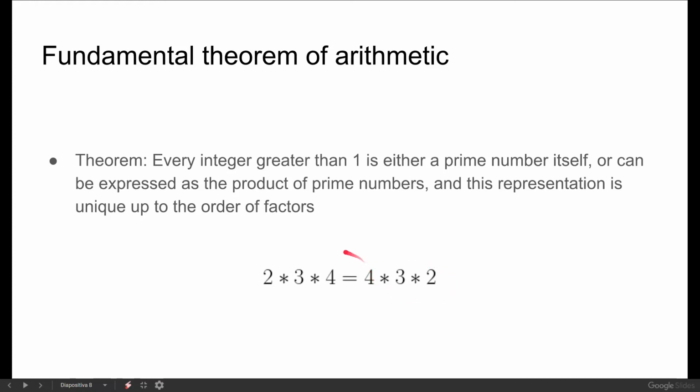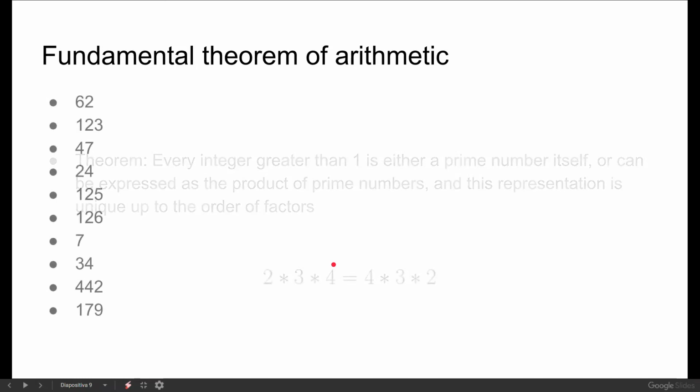But these two representations are considered equal because they have the same terms. So it doesn't matter the order in which you write them. The representation of 24 is unique because it's the representation given by 2, 3, and 4.